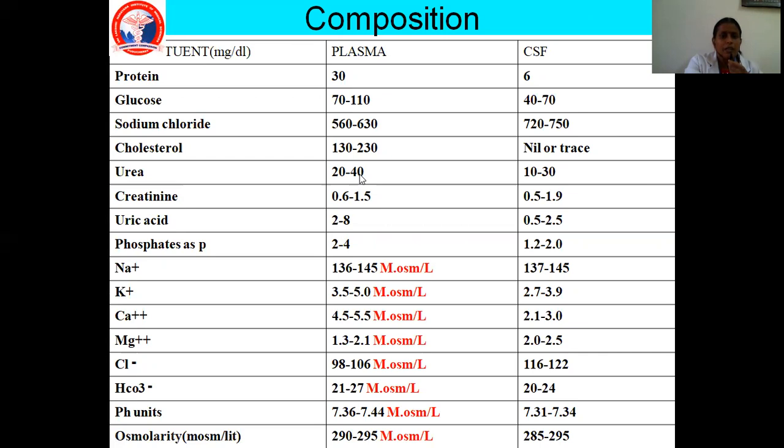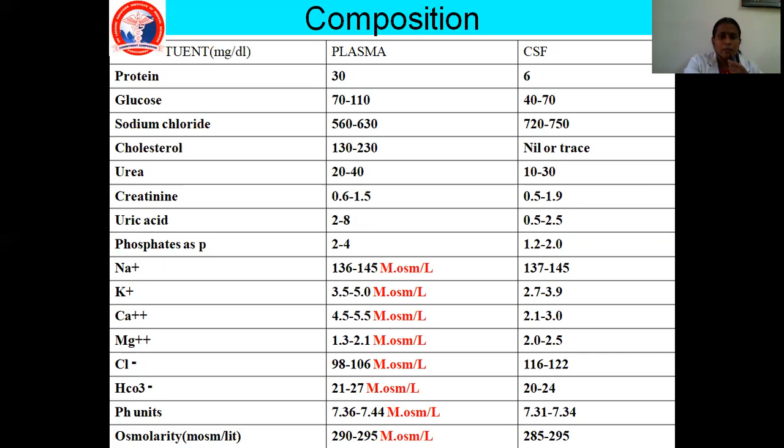Urea is 20 to 40 milligram per deciliter, but in the CSF it is 10 to 30 milligram per deciliter. Creatinine is 0.6 to 1.5 milligram per deciliter, and in the CSF it is 0.5 to 1.9 milligram per deciliter. Uric acid is 2 to 8 milligram per deciliter, and in the CSF it is 0.5 to 2.5 milligram per deciliter.